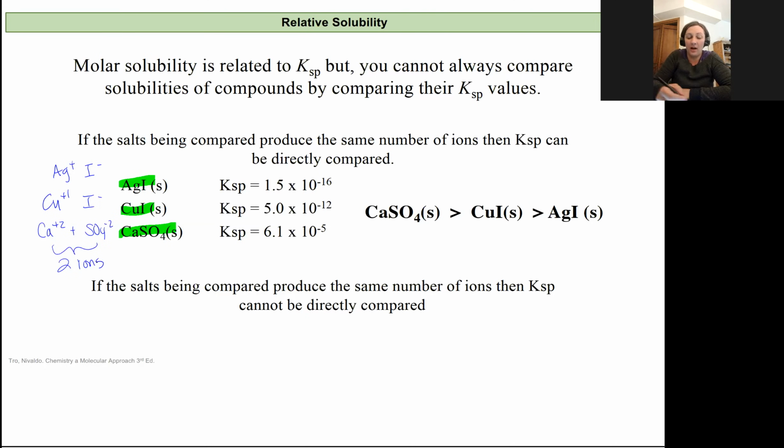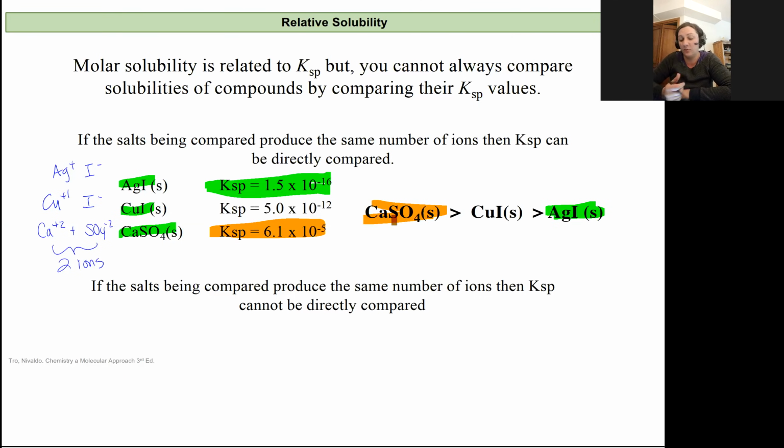And so from our solubility product information, we can see that calcium sulfate has the largest solubility product. It has the least negative exponent over the 10. And so of these 3, calcium sulfate will dissolve the most in water, whereas silver iodide with 1.5 times 10 to the -6 will actually be our least soluble compound of these 3.